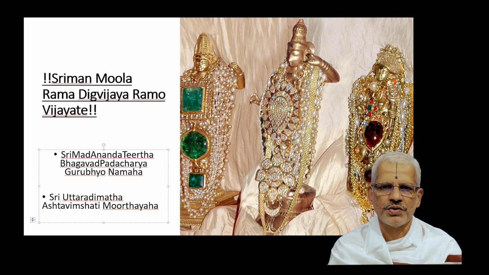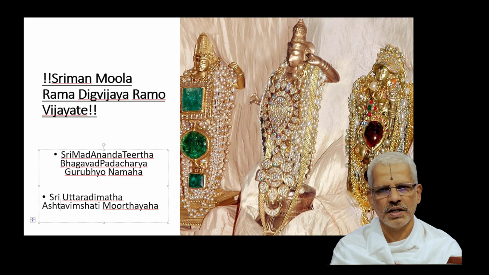This session is about the Ashtavimshati Moorthi Stuti. Ashtavimshati in English means 28. The 28 Moorthis or Pratimas worshipped in UttaradiMatha by the Pithadipatis.